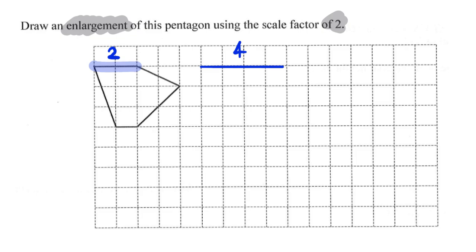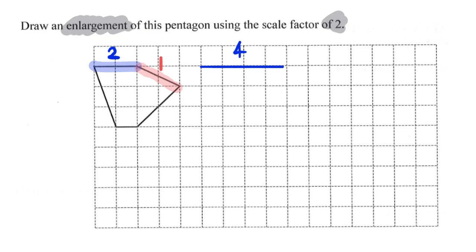Then I'm going to look at this. Next, I'm going to draw this. This is a diagonal between 2 squares. So 1 diagonal will become 2 diagonals, yeah? So this is 1 diagonal, and I'm going to draw 2 diagonals.